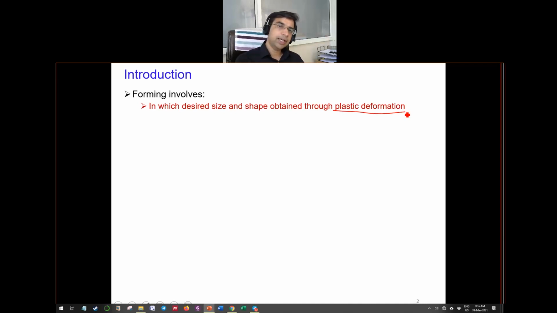You basically regain the original shape. But the intention of these forming processes is to change the shape. So this means the force has to be applied, and the stress value which will be induced will be in the plastic domain. So even when you remove the externally applied force, the change in shape will be permanent. This is the basic philosophy of it.